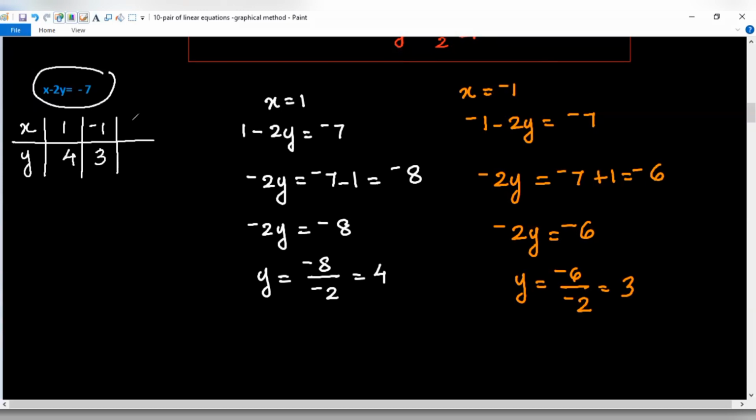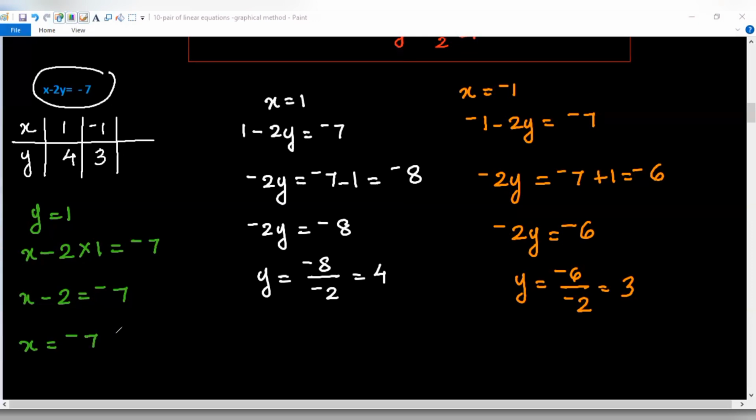Now, let us check what happens when y equals 1. So x minus 2 into 1 equals minus 7. x minus 2 equals minus 7, or x equals, see, we have to take this minus 2 to the right side, so it will become plus 2.